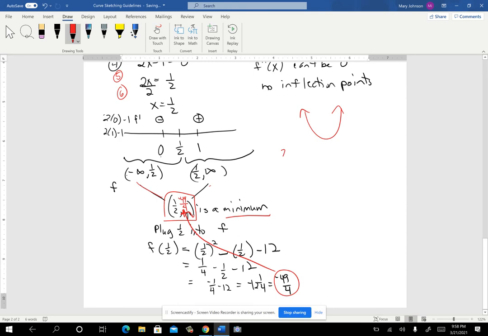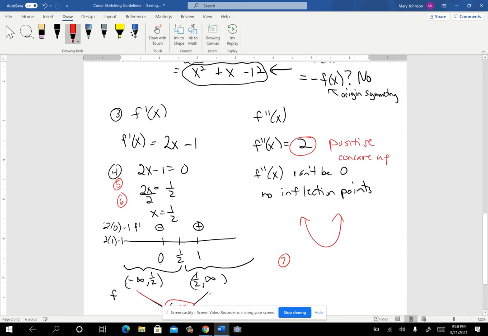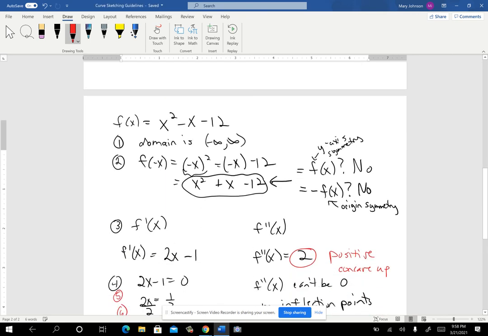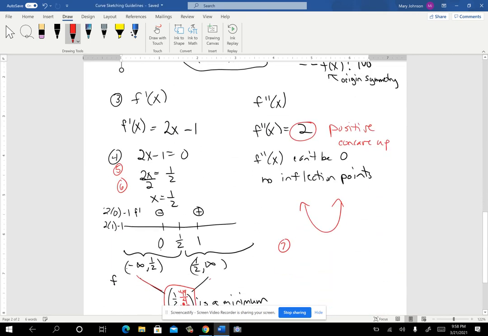So now in 7, I'm supposed to be checking on asymptotes and end behavior. For asymptotes, there are no asymptotes, because it is not undefined anywhere, so there's no vertical asymptotes, and there's no horizontal ones.